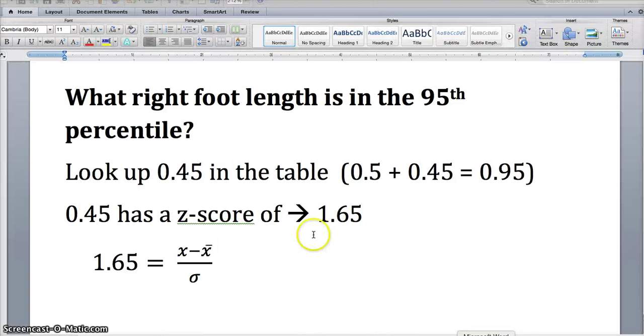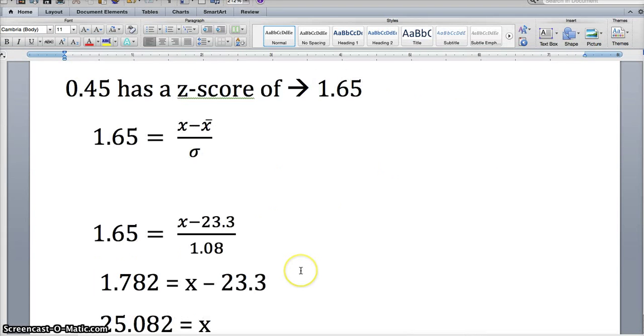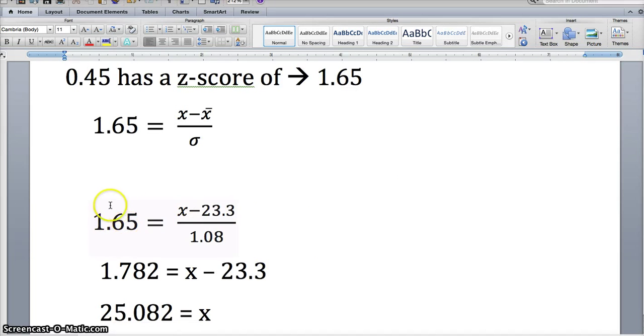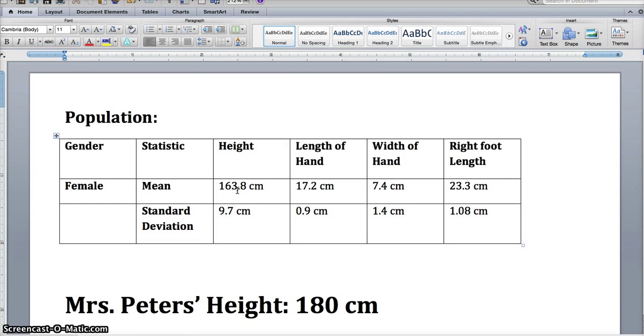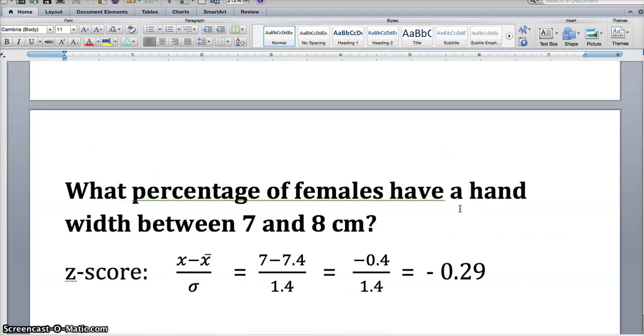So we're going to say the z-score is 1.65, and then we're going to use the formula. So 1.65 is my z-score, the data value is what I'm looking for, minus the mean over the standard deviation. By the way, I'm getting this mean and standard deviation all the way from that table that was given to you in the lesson.